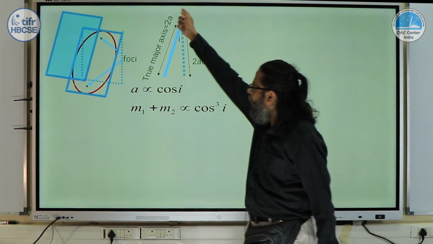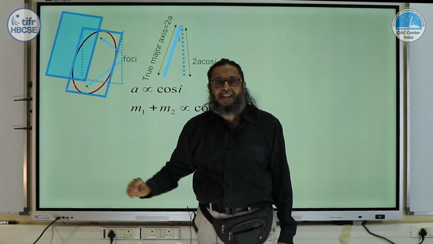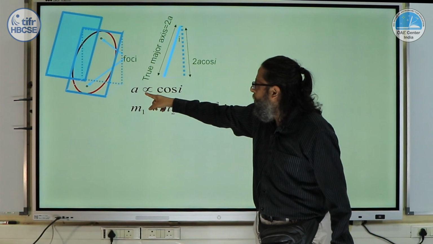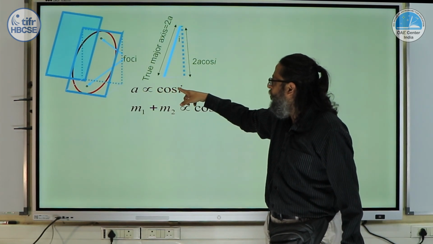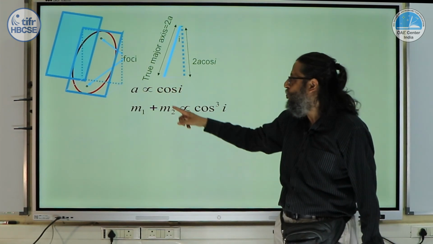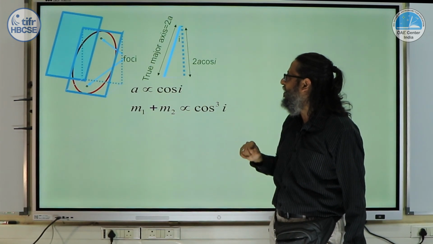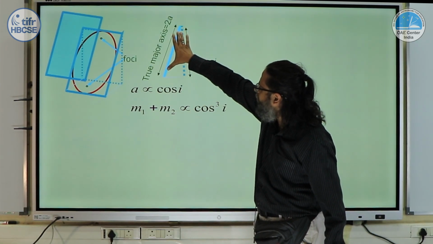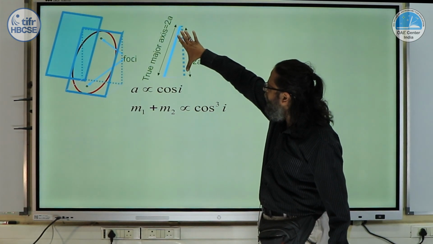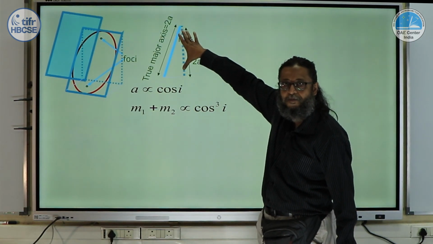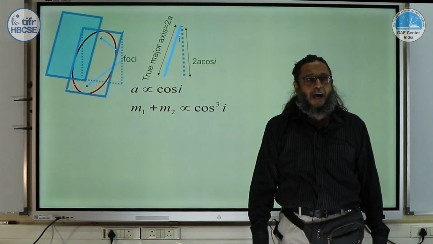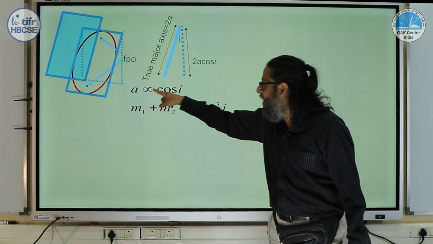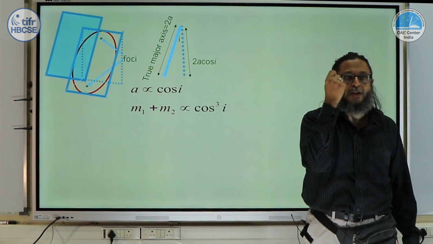The semi-major axis that you measure is actually a component of your inclination. When I is 0, the solid rectangle coincides with the dotted rectangle, and the observed A is the actual A.